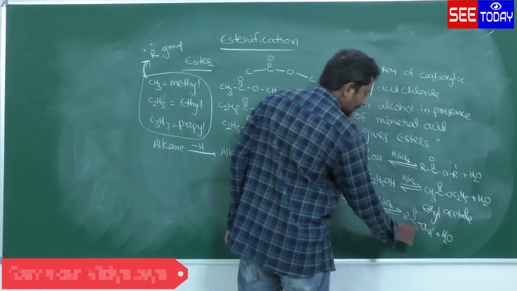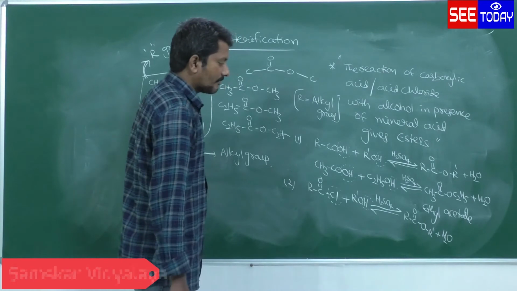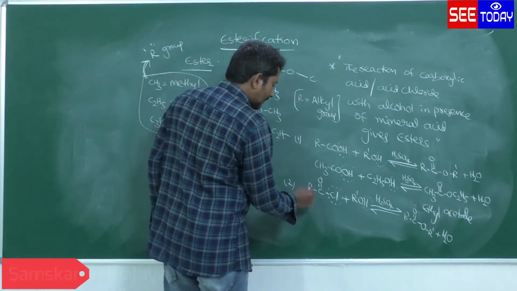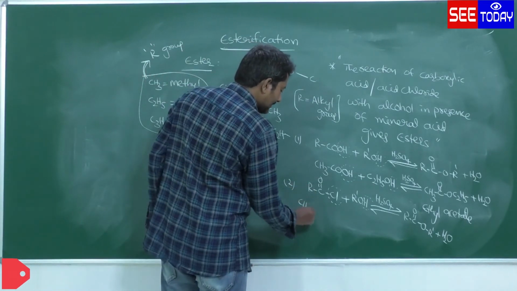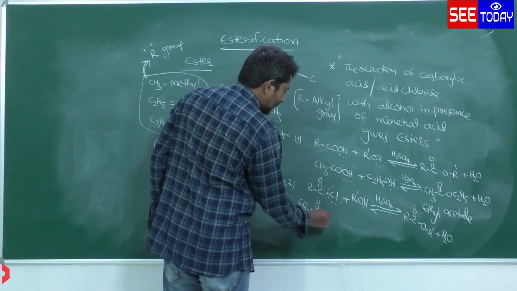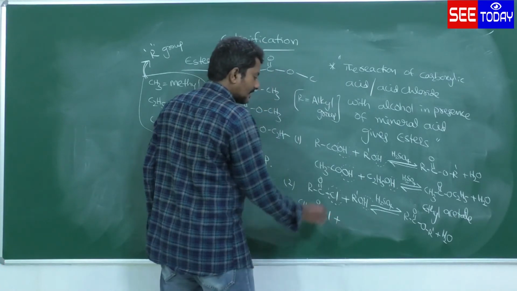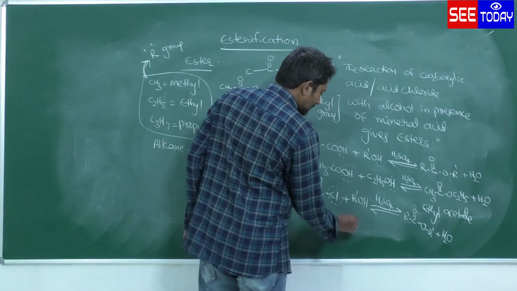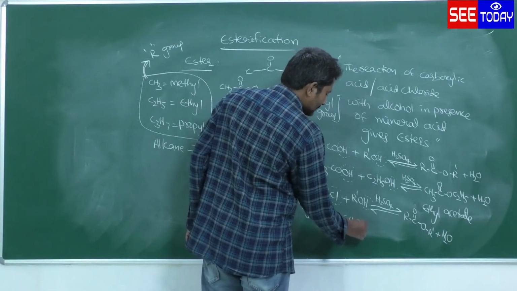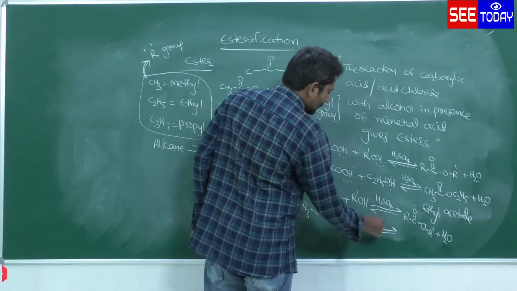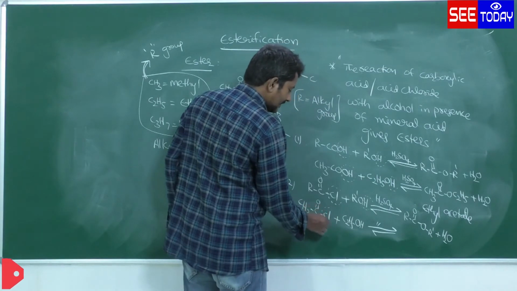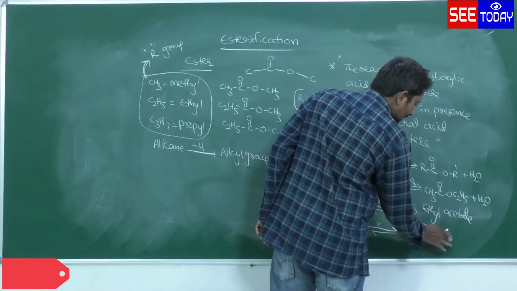This is the ester. R C double bond O R prime is the ester. Instead of R I am taking CH3: CH3 C double bond O Cl plus C2H5OH. Then here HCl, not H2O.